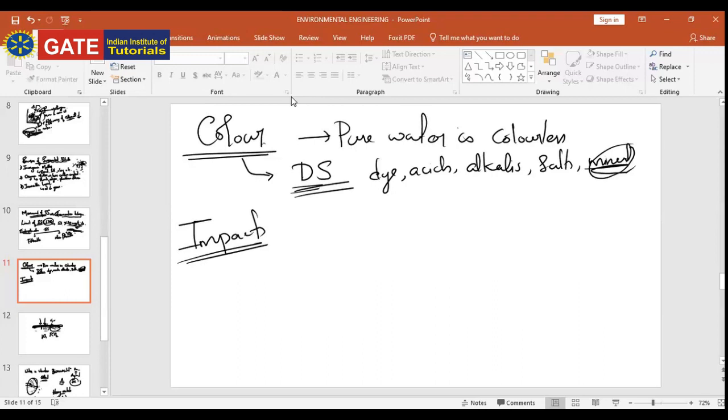That may or may not be good. So the major impact there is psychological impact. If you are asked to drink a water having a characteristic color, you will not drink it because of your psychological impact. Got it?